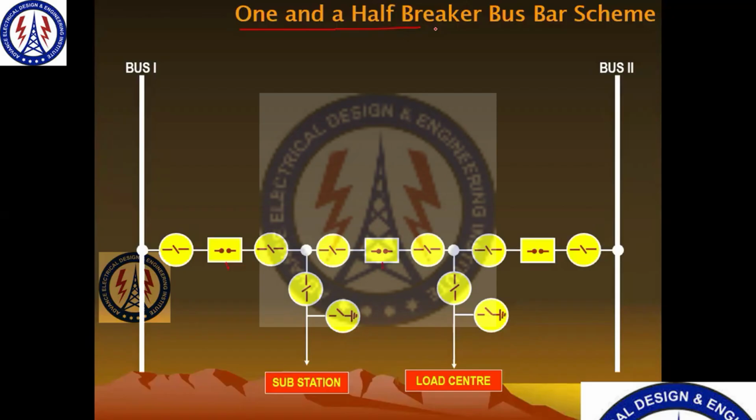Okay. Correct. So as you already told, if you remember from the previous slide, everywhere we have one circuit breaker on one feeder. In all the bus bar switching schemes, wherever we are increasing, it is the isolator only, not the circuit breaker along with the bay.